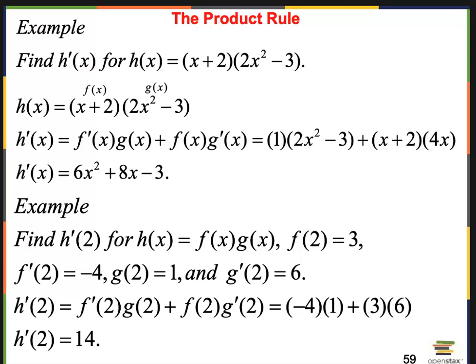So h prime of 2 is f prime of 2 times g of 2 plus f of 2 times g prime of 2. We were given all of these, so we can fill these in, and we find that h prime of 2 equals 14. So we still follow the product rule here.